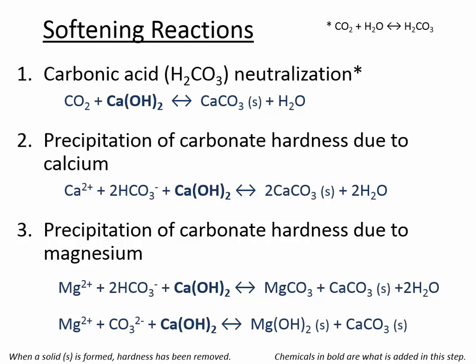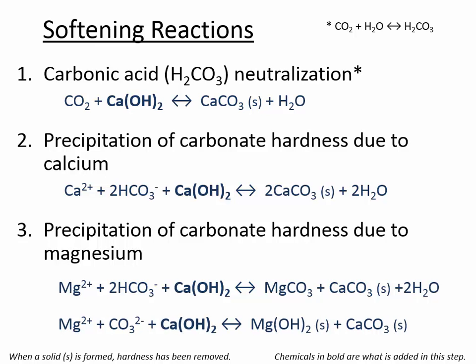It's not precipitating. And so all we've done is we've changed the form of the magnesium. But then by adding a little bit more lime, it goes into magnesium hydroxide, which you can see does have the S.